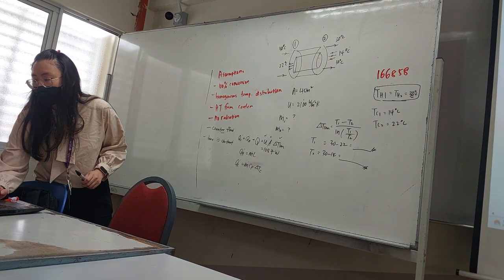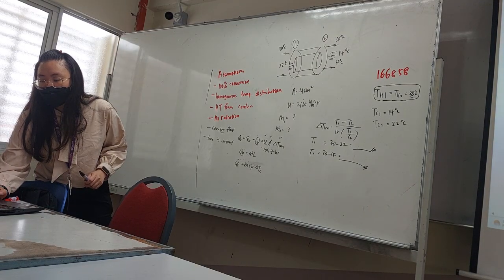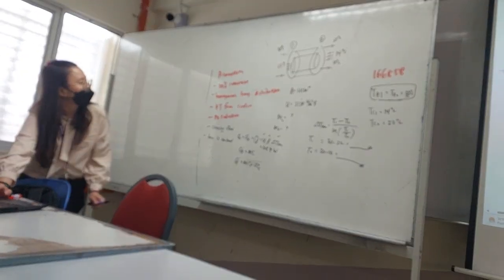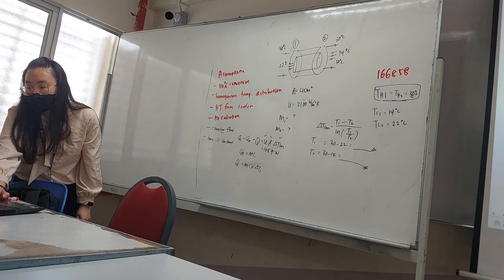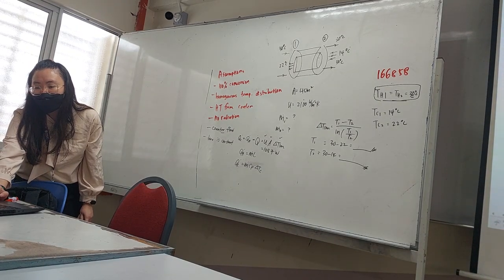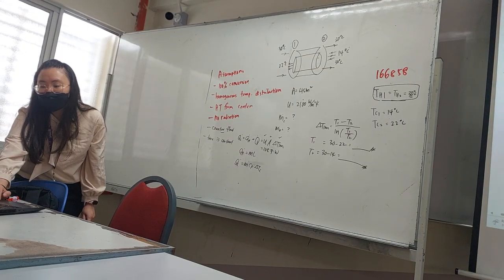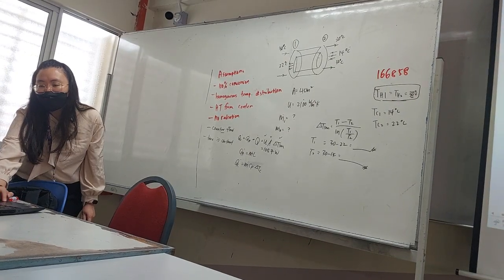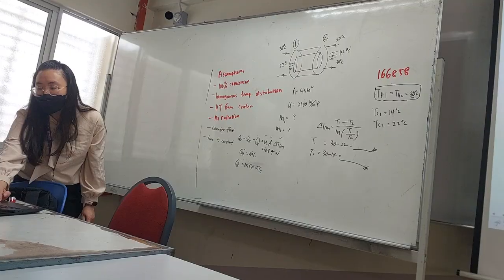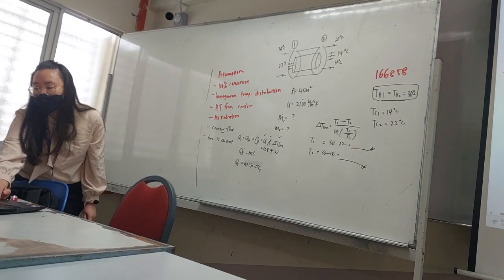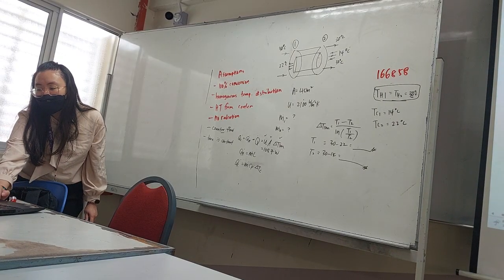The inlet temperature is 14, so do the interpolation to get the Cp at 14 degrees Celsius.